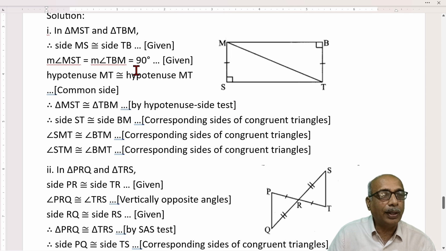So first figure is here. In triangle MST and triangle TBM, MS congruent to TB. It is given here in the figure. Angle MST and angle TBM, each angle is given 90 degrees.